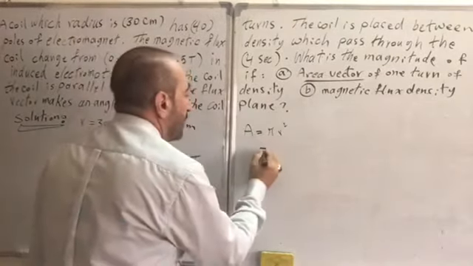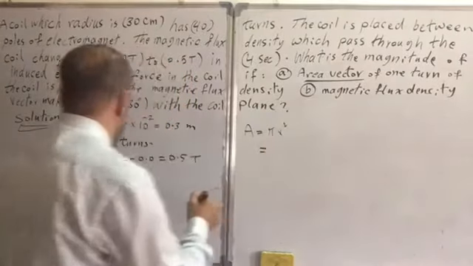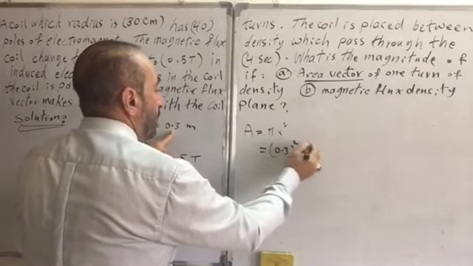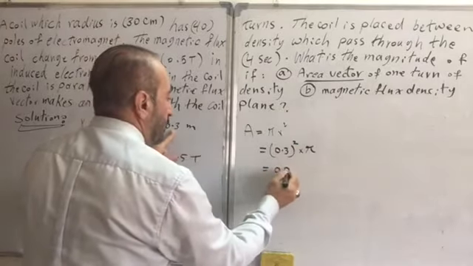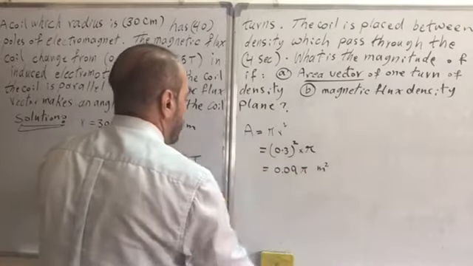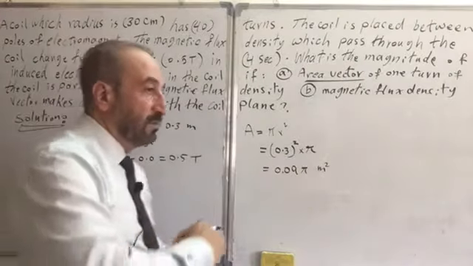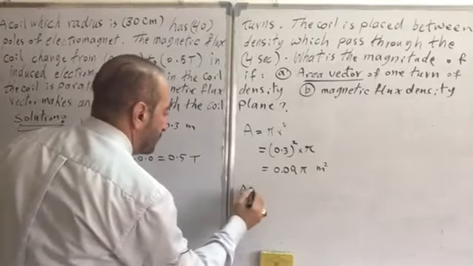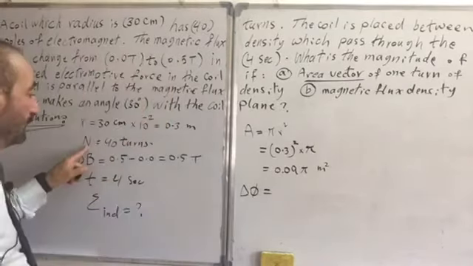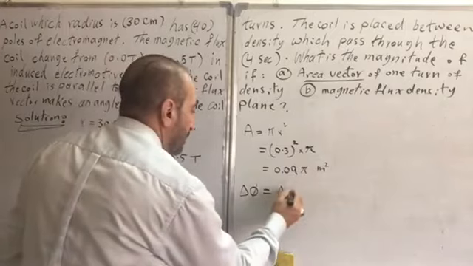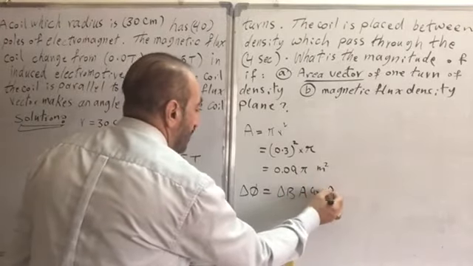A equals 0.3 squared times pi, equals 0.09 pi meter squared. Then we should find delta phi. Delta phi equals B A cosine theta.